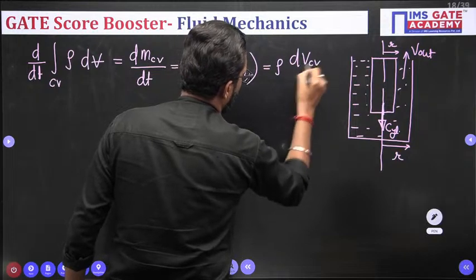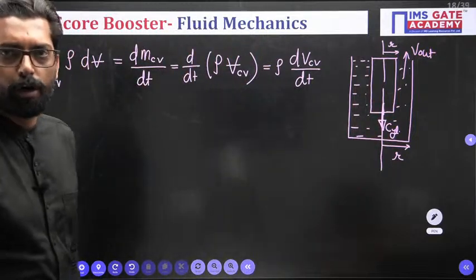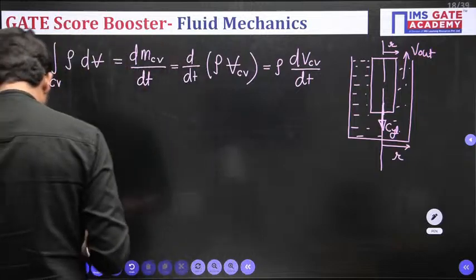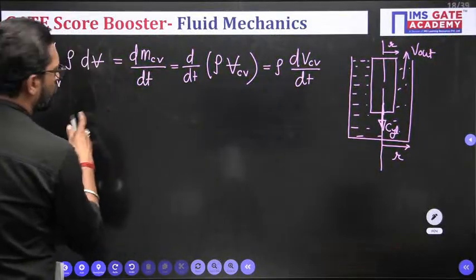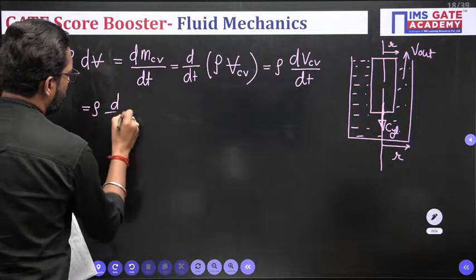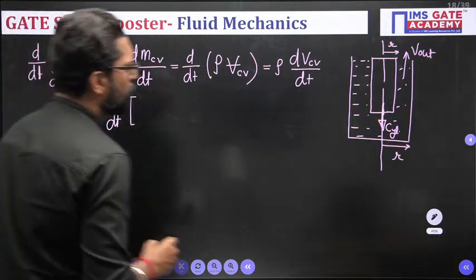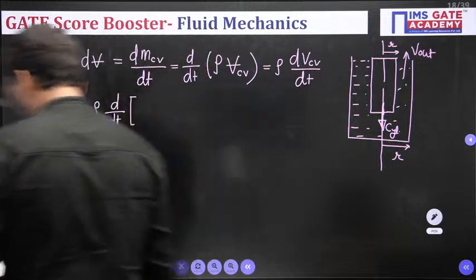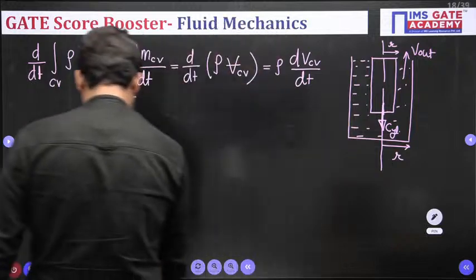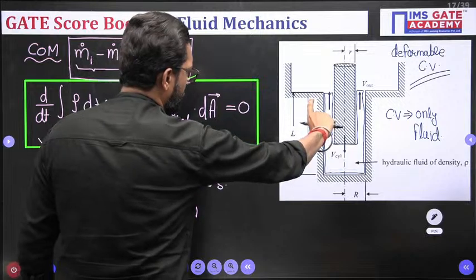So rho times dV_cv by dt. Now the control volume is continuously changing. So how do we write it? The total length is L, and this is your x.